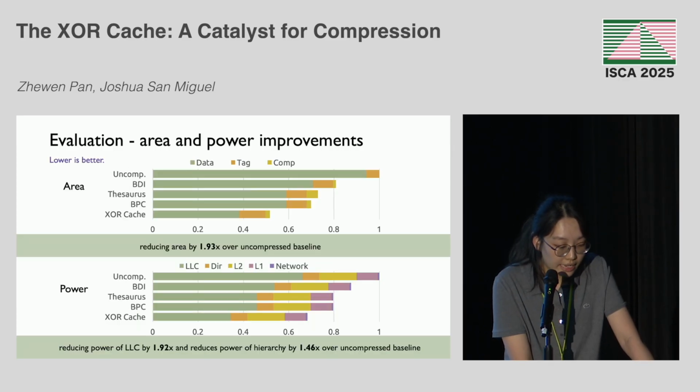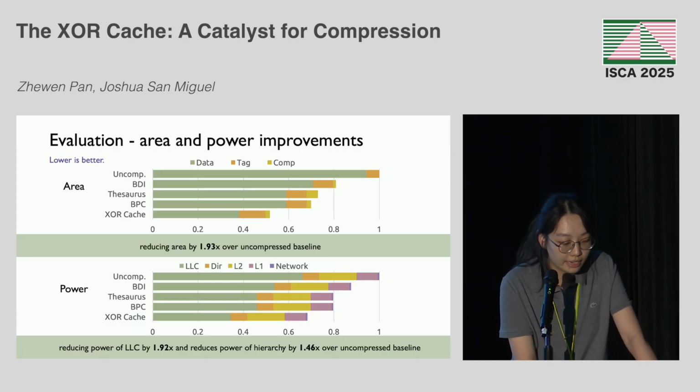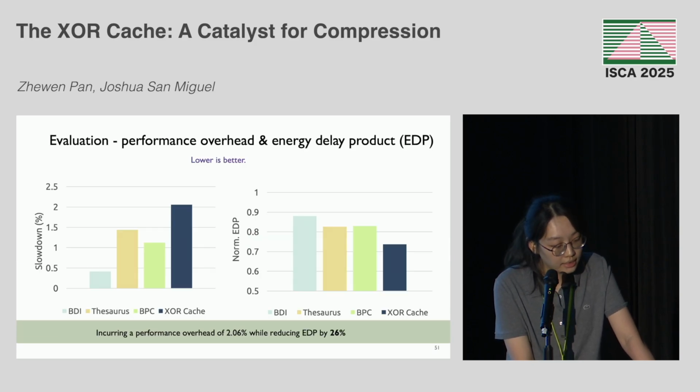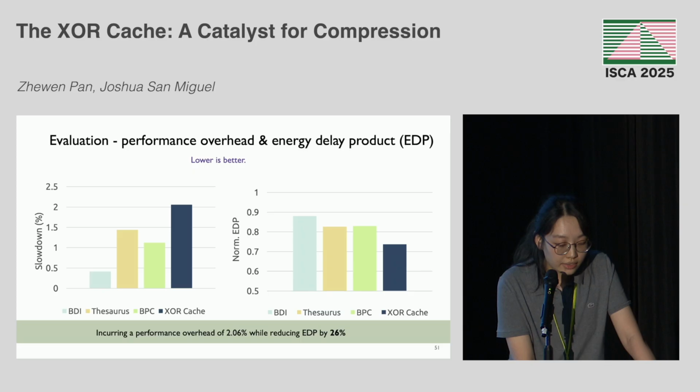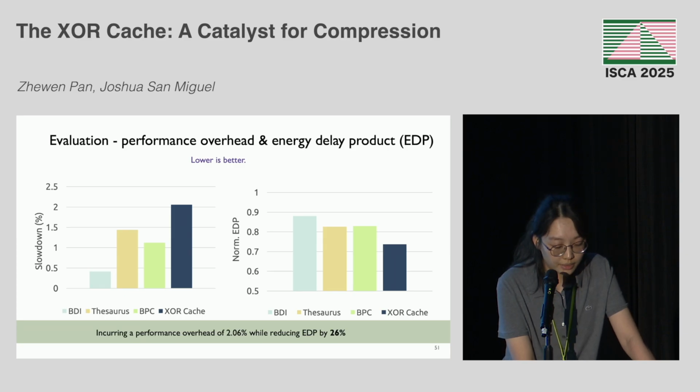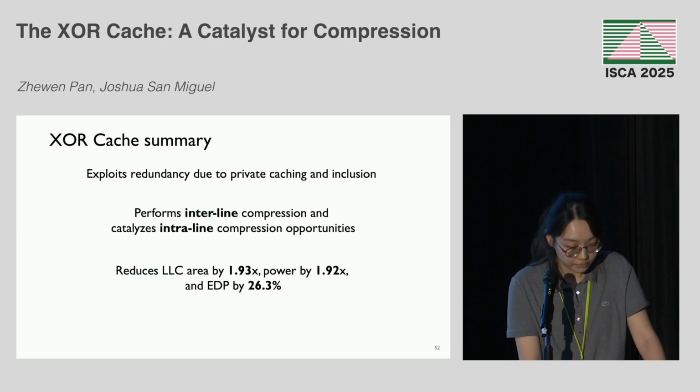It reduces area by 1.93x and reduces power of LLC by 1.92x and power of hierarchy by 1.46x. It does incur a performance overhead of 2%, while it still reduces energy delay product by 26%.